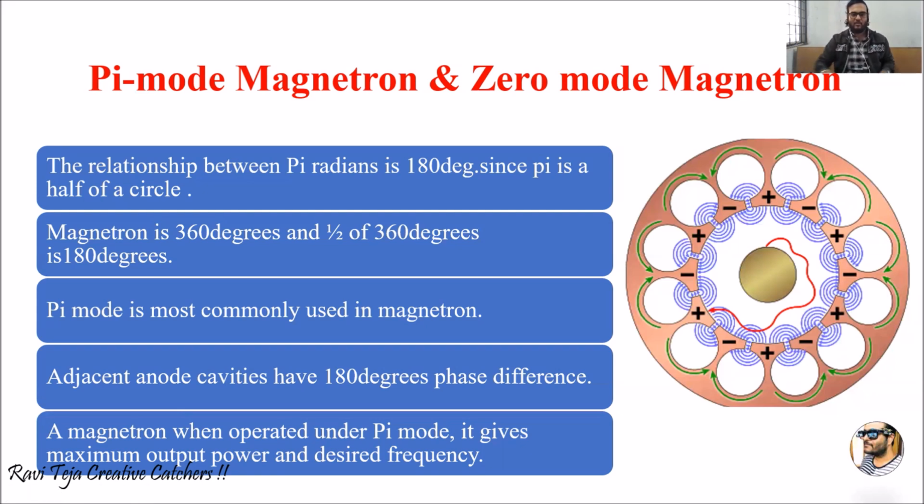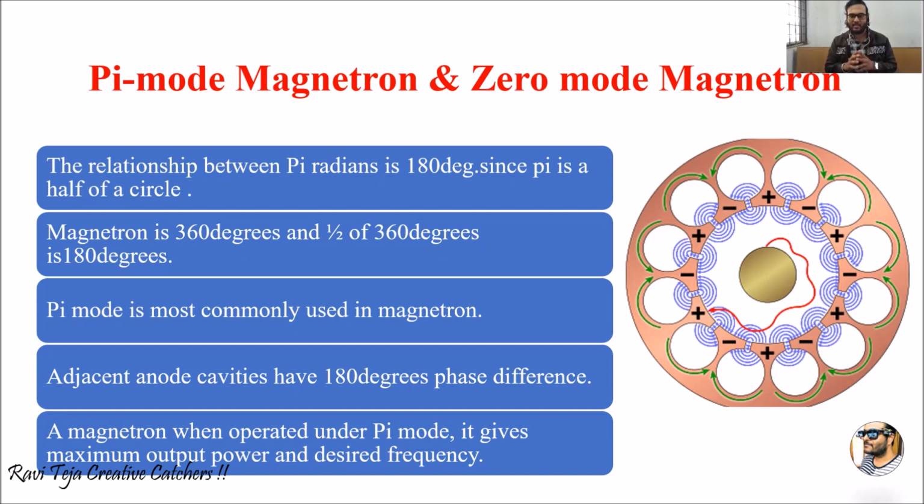That means each and every cavity has a 180 degrees phase difference. Whenever we are utilizing at least half of the magnetron, the maximum output can be taken, and our desired frequency can be achieved. So whenever a magnetron is operated under pi mode, it gives maximum output power and the desired frequency.